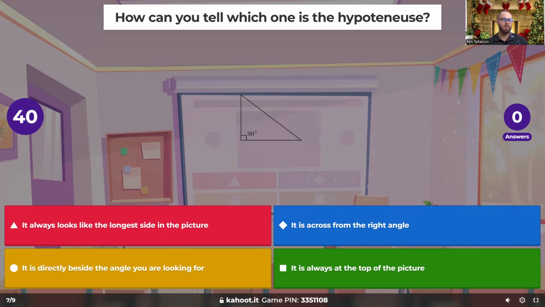It's something that different people may have different opinions on. Take a look at this triangle, and you might know what I'm talking about by looking at it. So, how can you tell which one of these options is the hypotenuse?